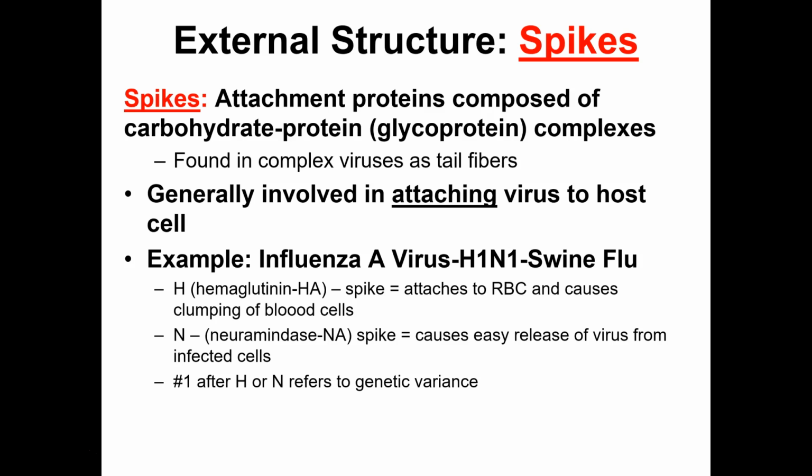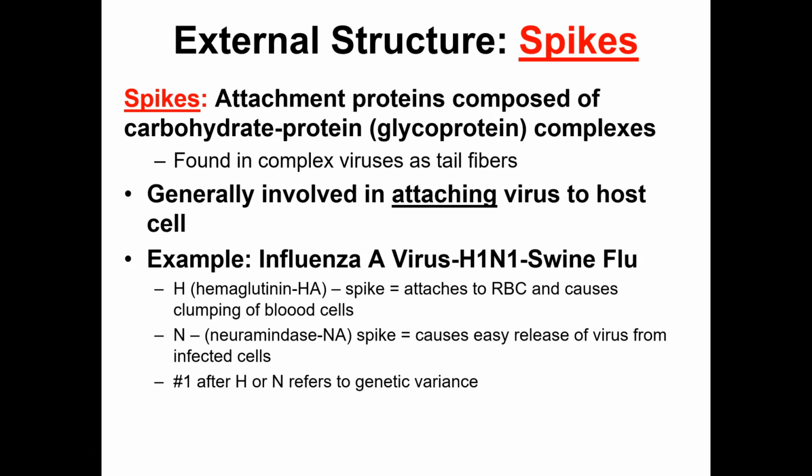One of these years I'll say that, right? The N spike is how the flu gets out of your cells. Okay, so here, since it's an enveloped virus, it forces its way out. Well, like I said, it tricks your cell into doing this. And it tricks it thanks to that N spike. So, H spike gets it in, N spike gets it out with your membrane.